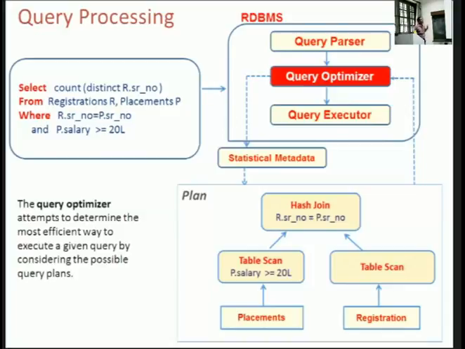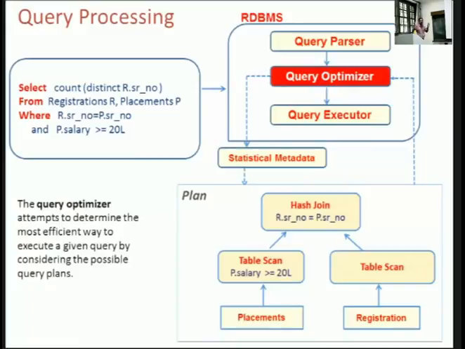And for those who understand, this can be treated as a tree, and there is a node for every predicate. So this is for the join predicate, and this is for the base predicate. Okay.